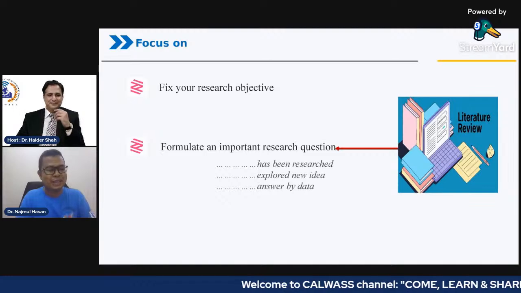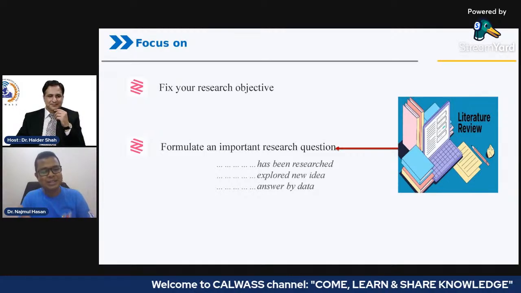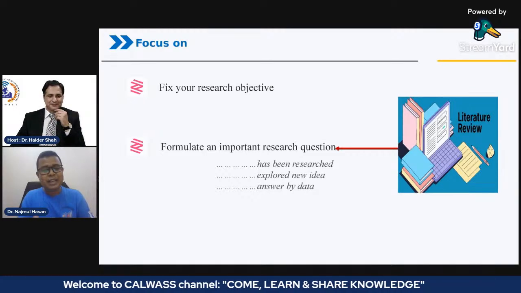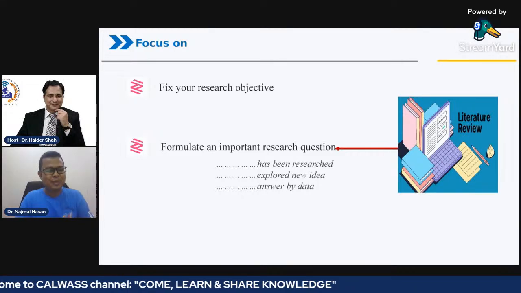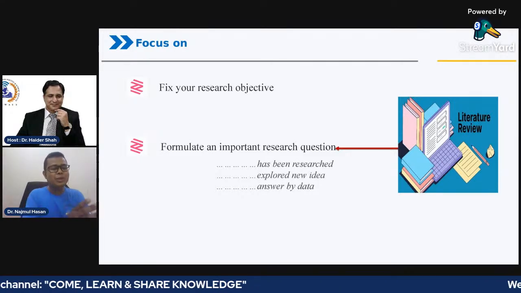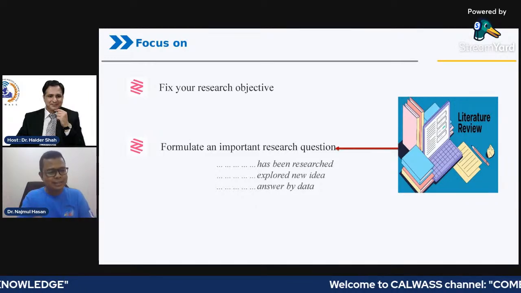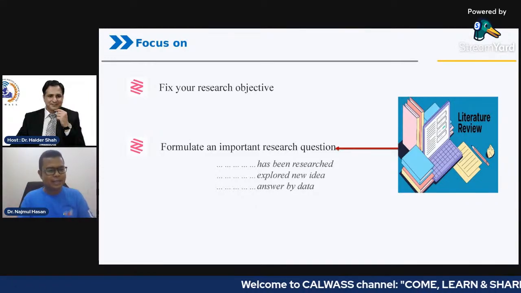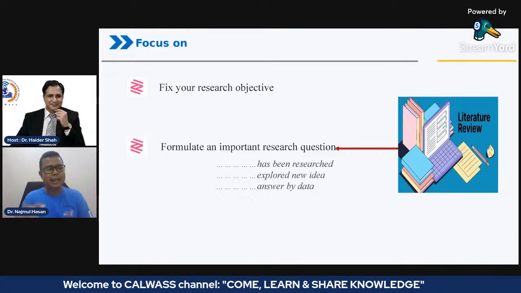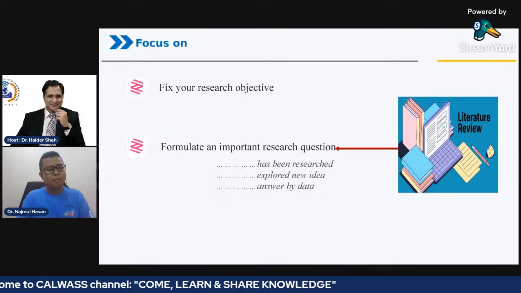What has already been researched, and what new ideas are unexplored? I mean, what hasn't been explored, right? And then you can collect the data, or design the research. I mean, the research design. According to this, you can collect the data and answer using your own data.